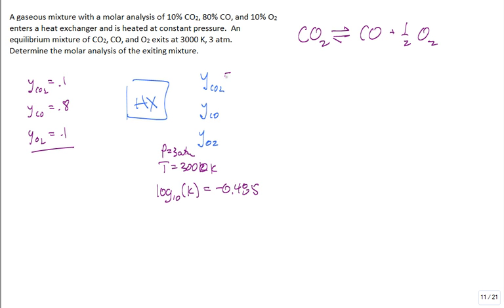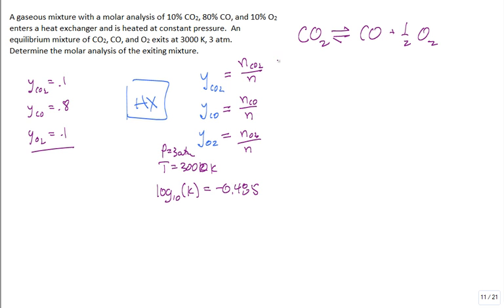In the interest of time, let me tell you how I'm going to find them. I'm going to find the amount of CO2 and divide it by the total amount, the amount of CO and divide by the total amount, and the amount of O2 and divide by the total amount coming out of that heat exchanger. A little easier this way.